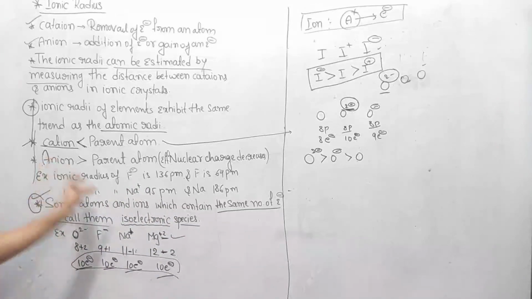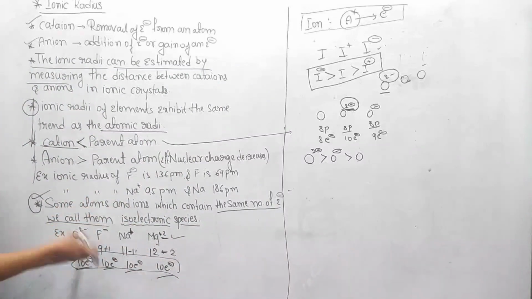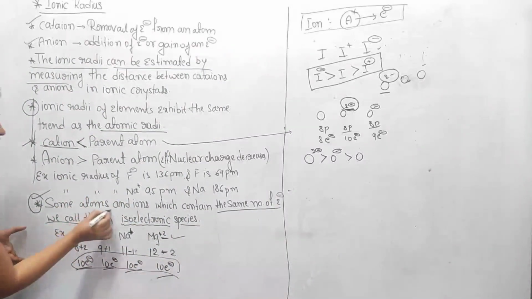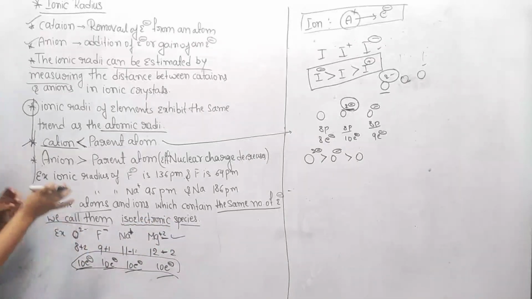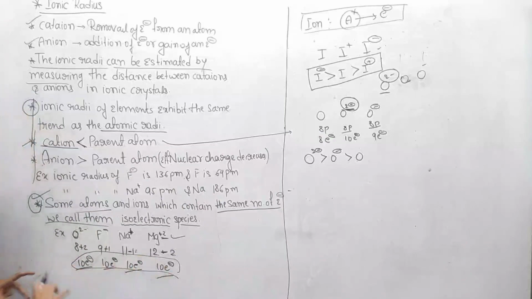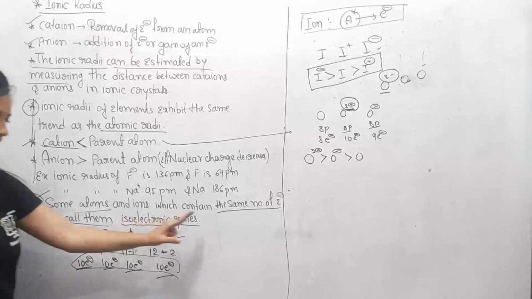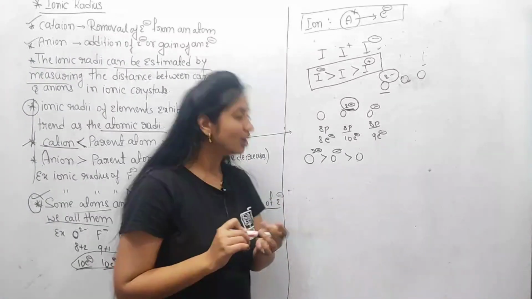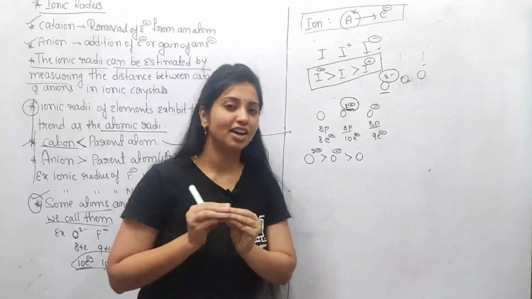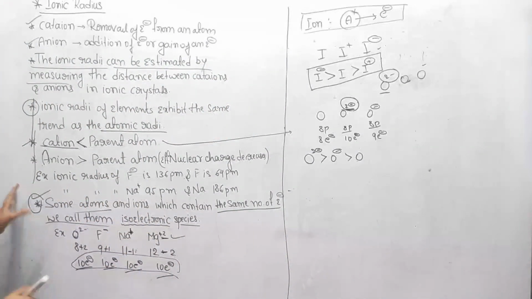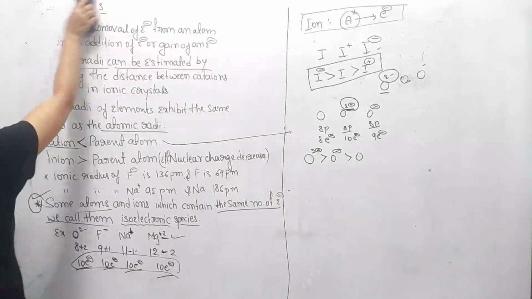The atoms and the ions, either a cation or an anion, or a neutral atom, wherever these species have the same number of electrons, are called isoelectronic species. This is all about the ionic radius, guys. I hope you got a clear concept about ionic radii. And then next we are moving on to ionization enthalpy.